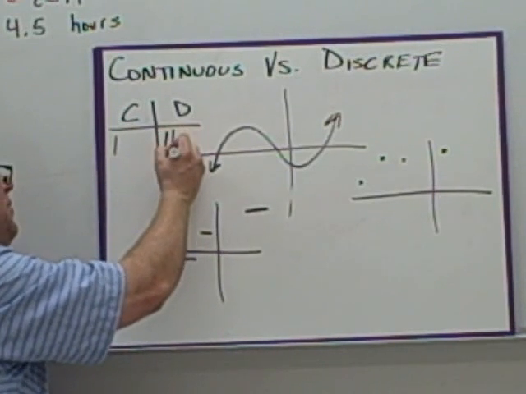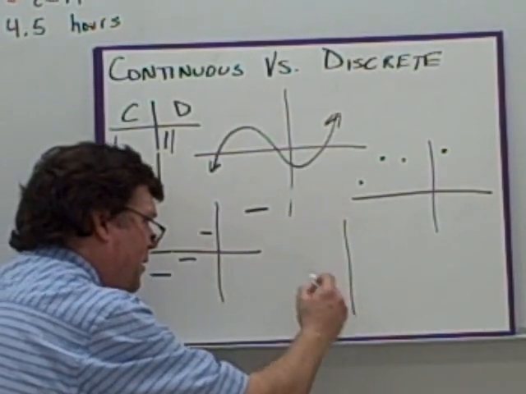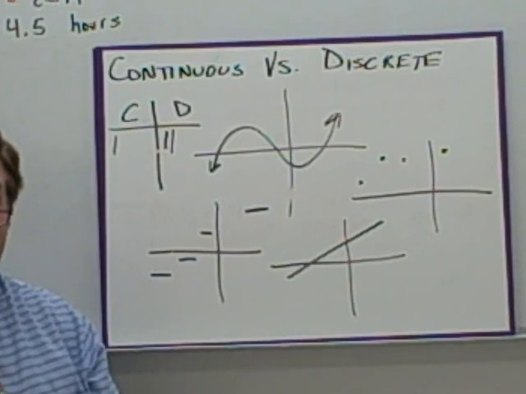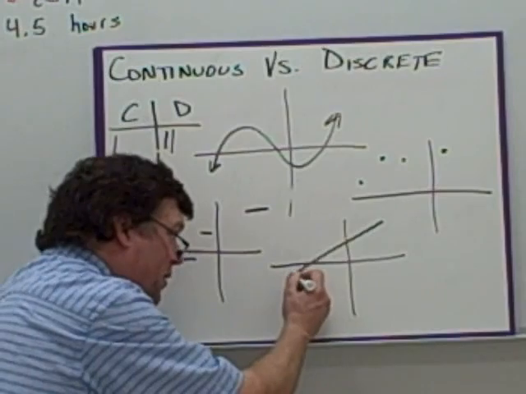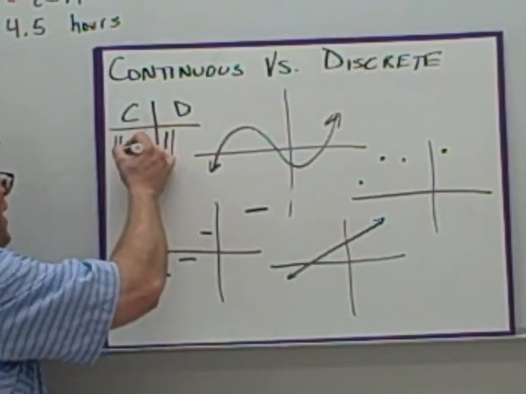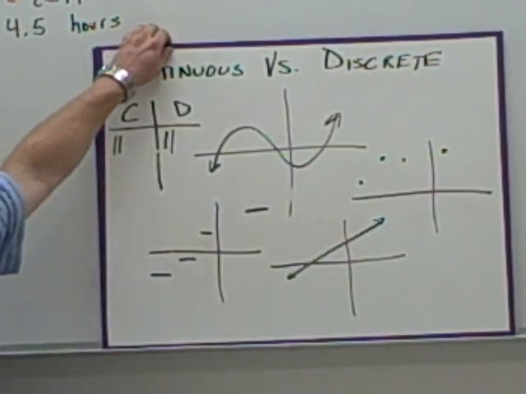So it is a discrete function. All right, what about a line like this? Is it discrete or continuous? As soon as I put those arrowheads on there, it's definitely continuous. We have a tie between continuous and discrete, and we're going to leave it like that.